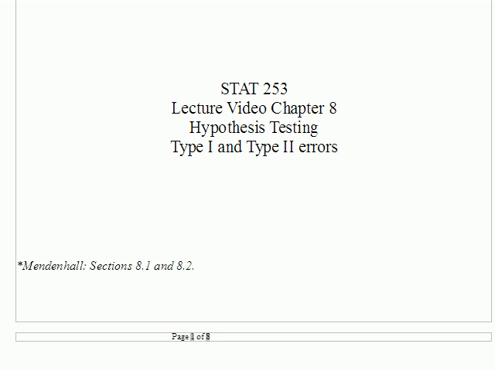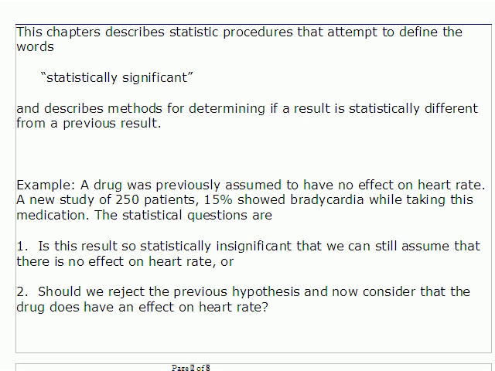This is the first lecture for Chapter 8 for Stats 253, and the topic is hypothesis testing. You've seen situations in which one result was previously held, and then a new result comes in with a new measurement.